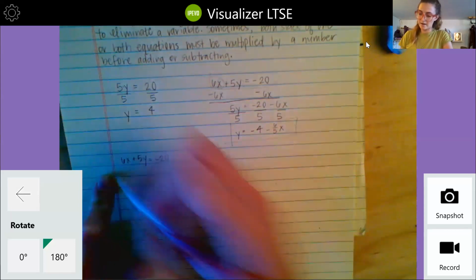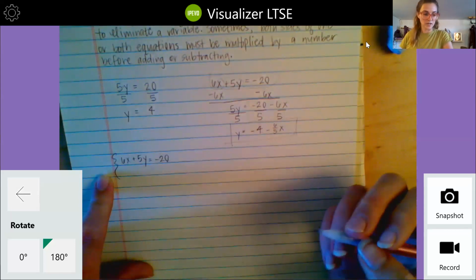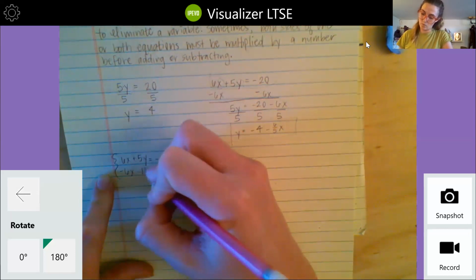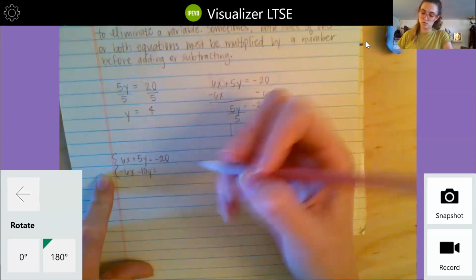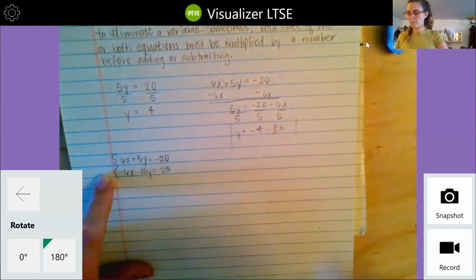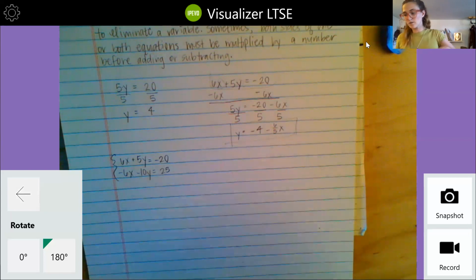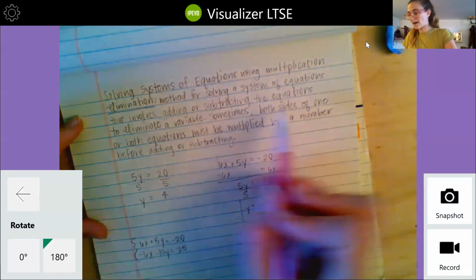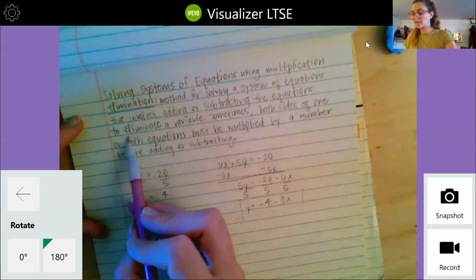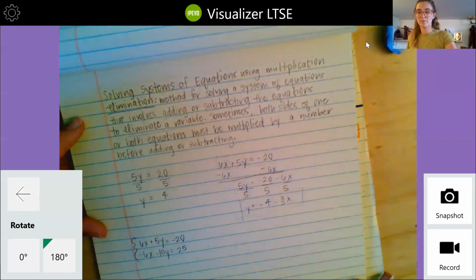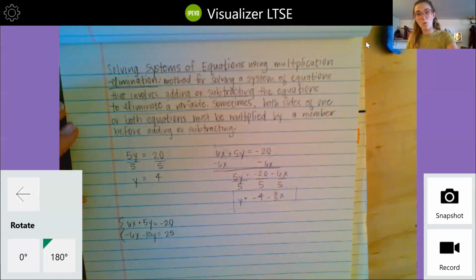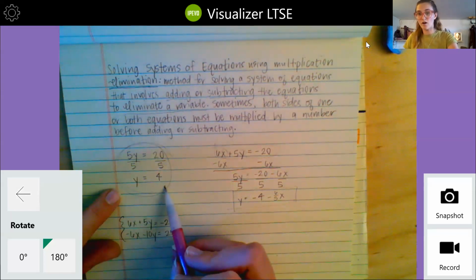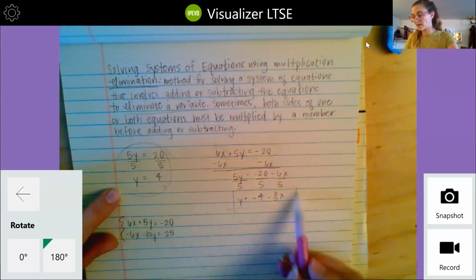And I'm going to add another equation in here, which is going to be negative 6x minus 10y equals 25. So in the elimination method, remember, we are going to add or subtract the equations in order to eliminate one of the variables. We want to eliminate one of the variables because, as we could see, it's much easier to solve for one variable than it is for two.